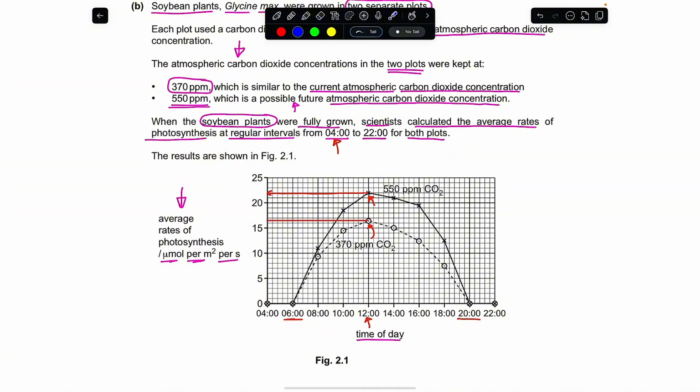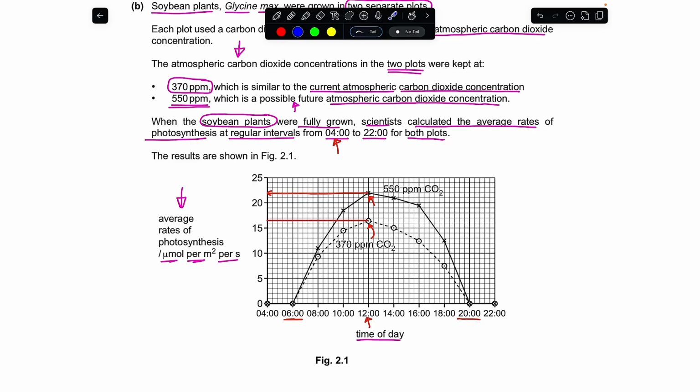So the explanation would be that at the start of the day at 6 a.m. and at the end of the day at 20 p.m., since the light would be acting as a limiting factor for photosynthesis, literally no light would be available, so the photosynthetic process nearly stops, like becomes zero. And after this, the graph keeps on going up, which means that the light has started to emerge from the sun, and that is why the graph appears to go above. So this was the explanation for it.